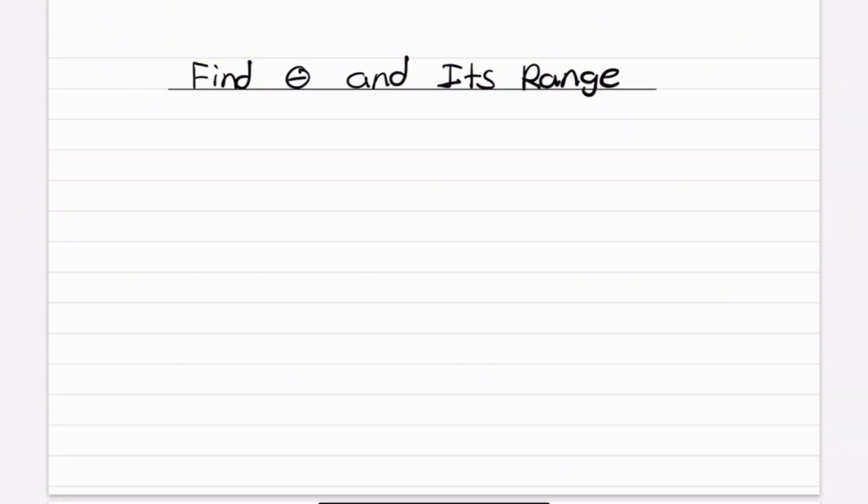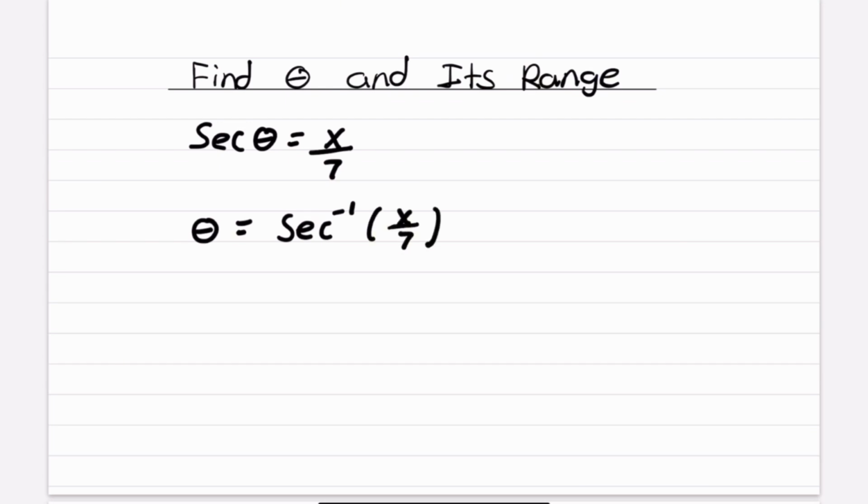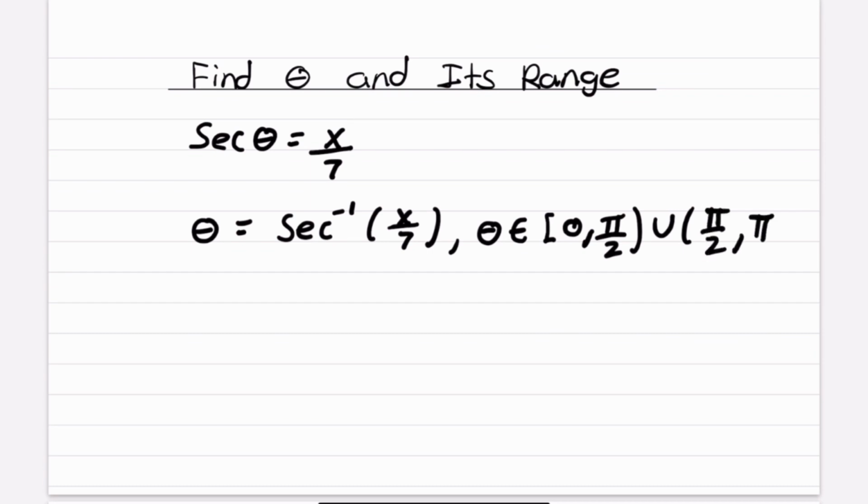Again, beginning with the original trig equation, we have that secant of theta is equal to x over 7, which means that theta is equal to secant inverse of x over 7, where theta belongs to the interval between 0 and pi over 2, union pi over 2 to pi.